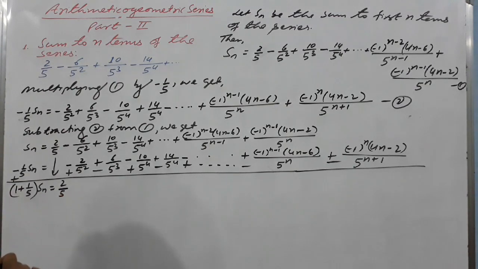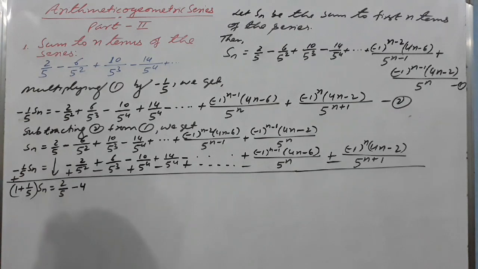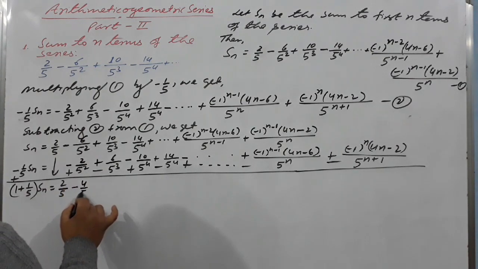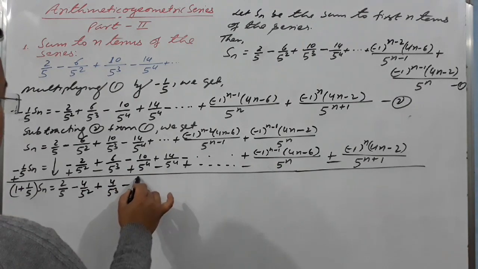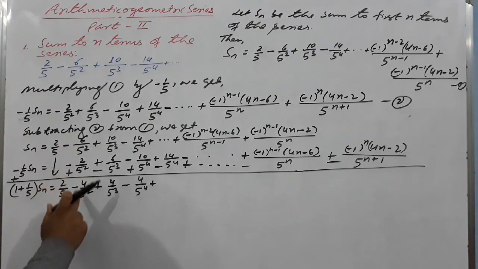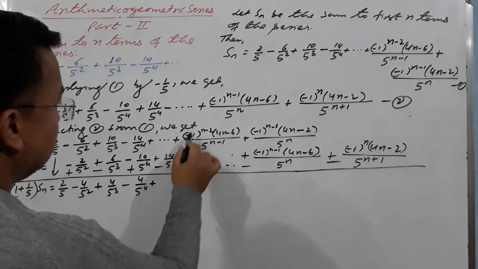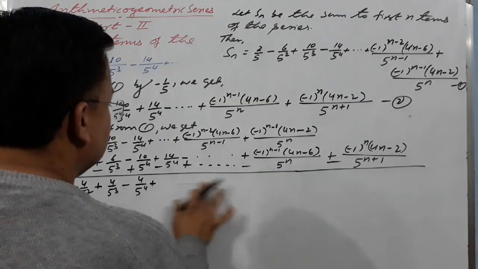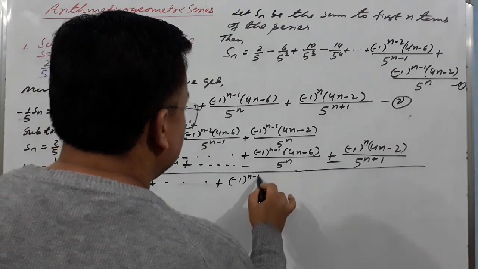Same this term, 2 upon 5, and here minus 6 plus 2, minus 4 by 5 squared, and plus 4 by 5 cubed, minus 4 by 5 to the 4, plus, okay, same, and here minus 6 upon 2, okay, and here 10 minus, okay, and 14 negative plus, okay, here dot dot, this all will come, and dot dot here plus minus 1 raised to power n minus 1.